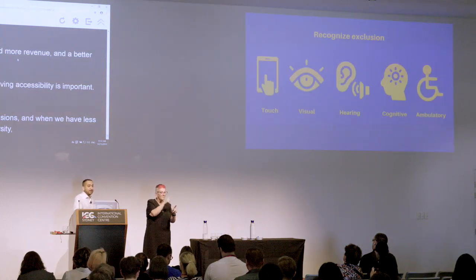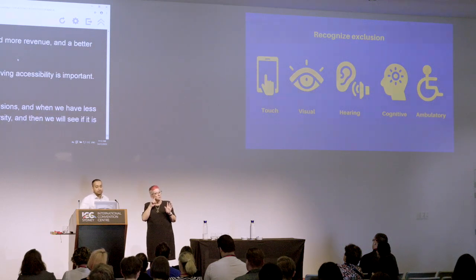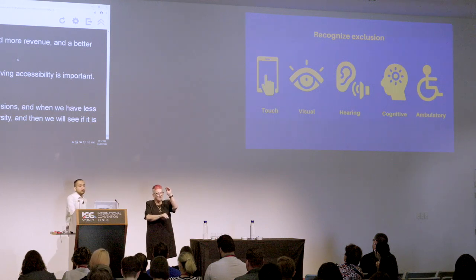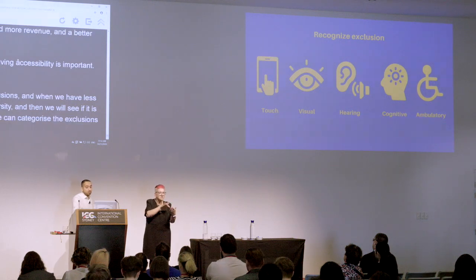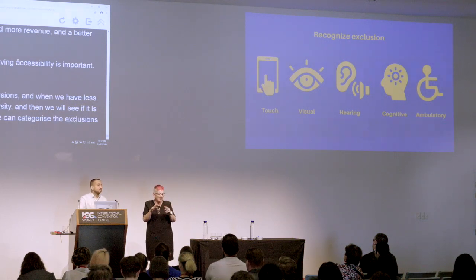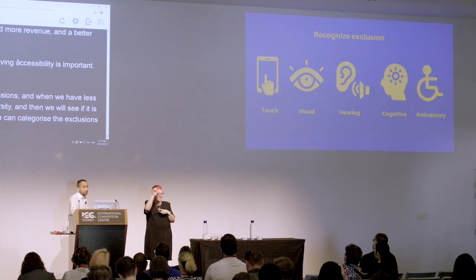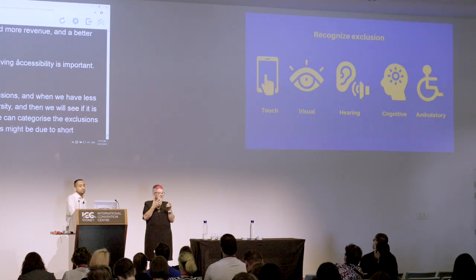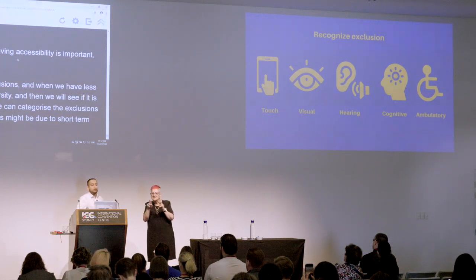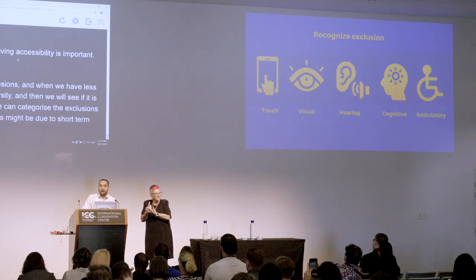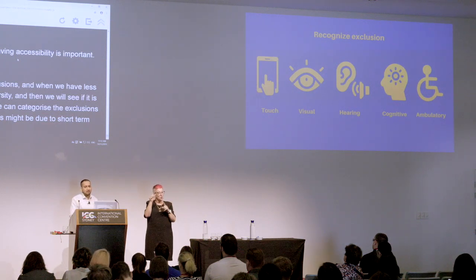If we categorize all the kinds of exclusions, we can categorize them into 5 parts. One is touch. Someone may not be able to use touch, maybe because of hand tremor, or low vision, or short-term memory loss. Someone may have visual issues because of color blindness, or can't see properly, or the most common problem that most men have, the yellow-blue problem, where people have problems seeing yellow and blue together.